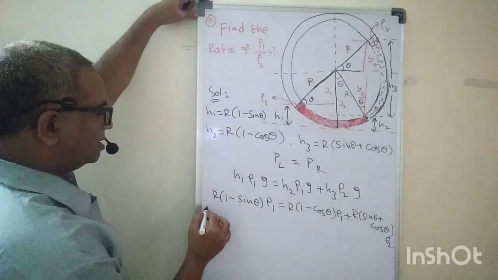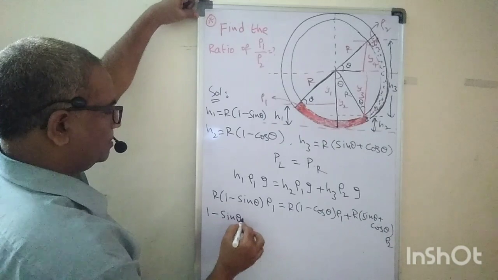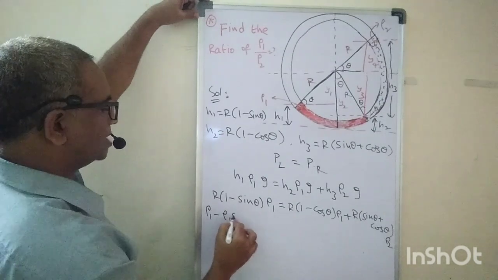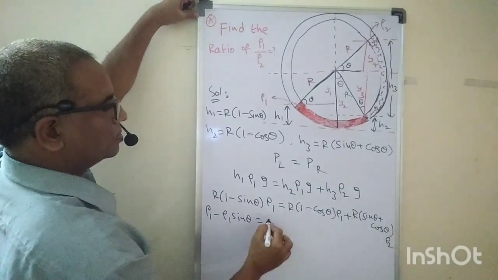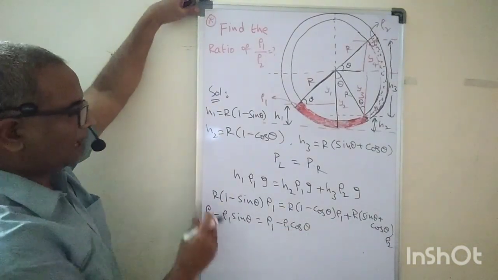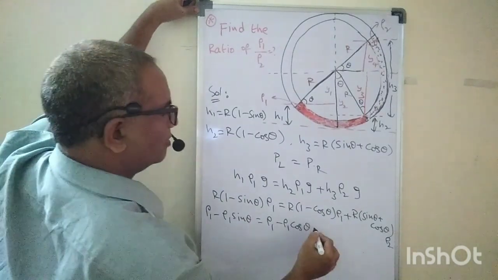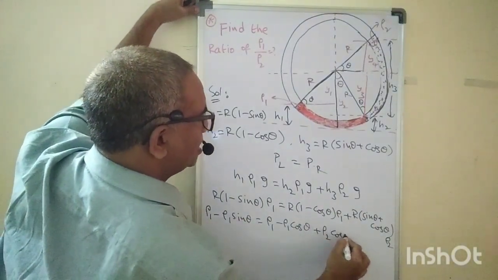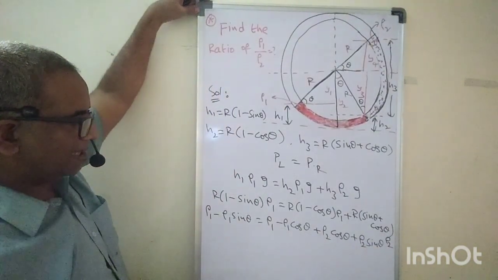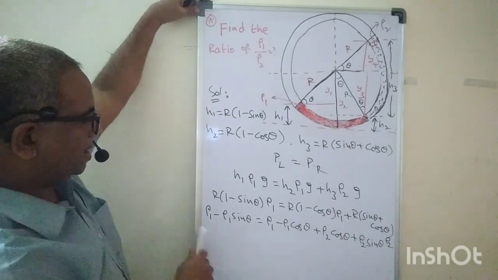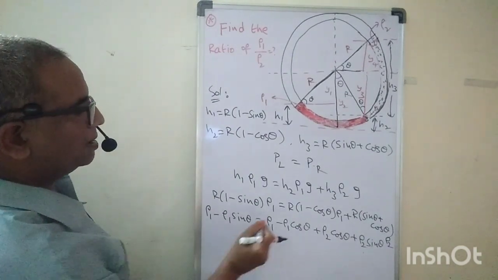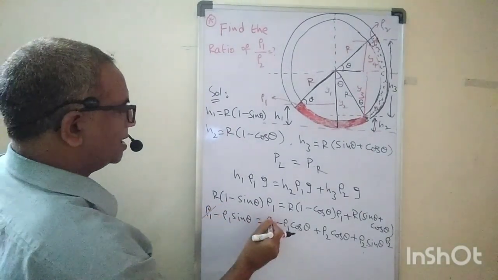So we have 1 minus sin theta, multiplied with rho: rho 1 minus rho 1 sin theta equals rho 1 minus rho 1 cos theta plus rho 2 cos theta plus rho 2 sin theta. Here rho 1 gets cancelled on both sides.